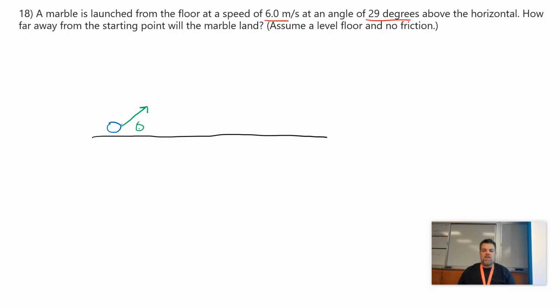Well, there's two things. The angle from here to here is 29 degrees. And the velocity, and we'll just call this V initial, is 6 meters per second. And so that thing's going to go like this and land right here, right?